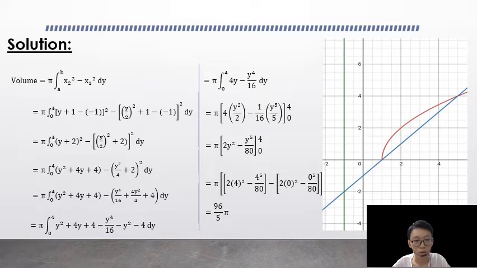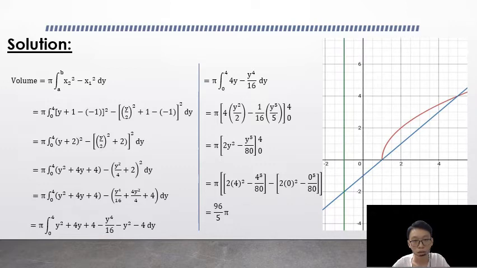Now we remove the bracket and we get pi times the integral from 0 to 4 of y squared plus 4y plus 4 minus y to the power of 4 over 16 minus y squared minus 4 dy. We simplify and get pi times the integral from 0 to 4 of 4y minus y to the power of 4 over 16 dy.